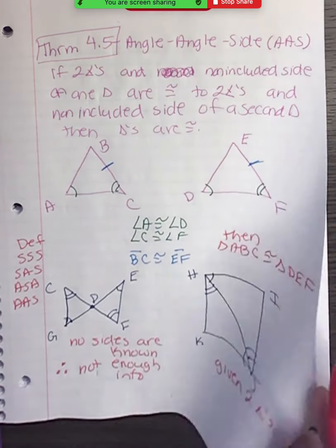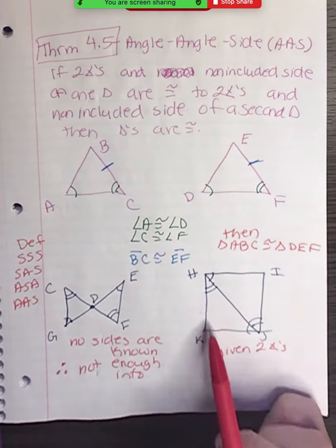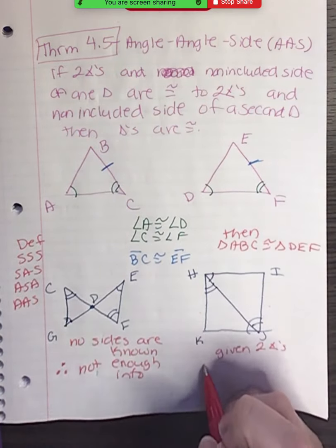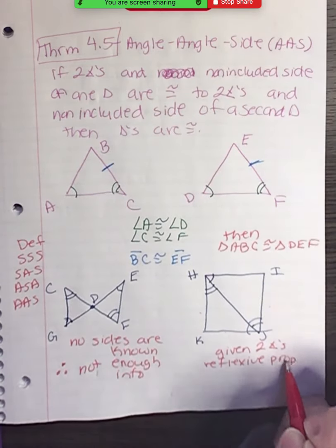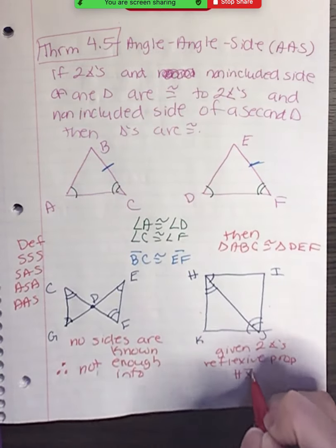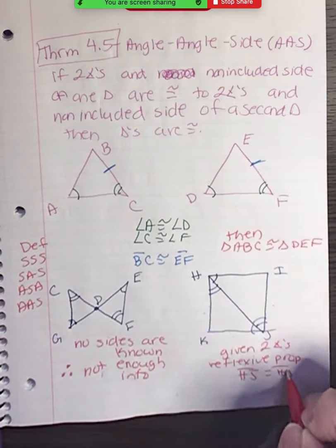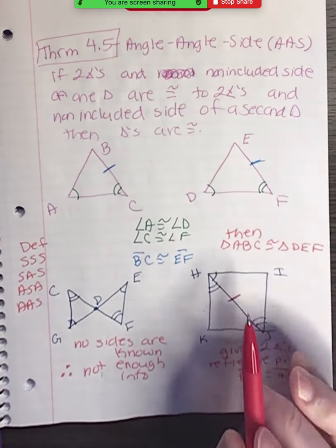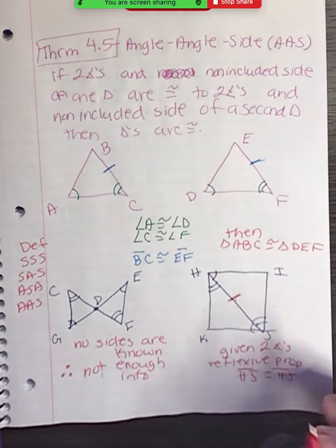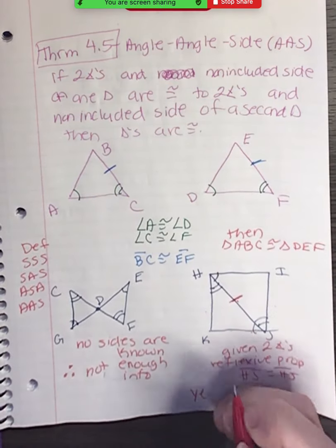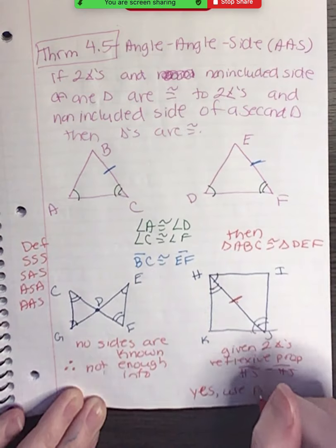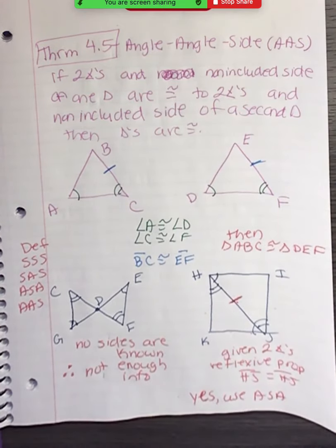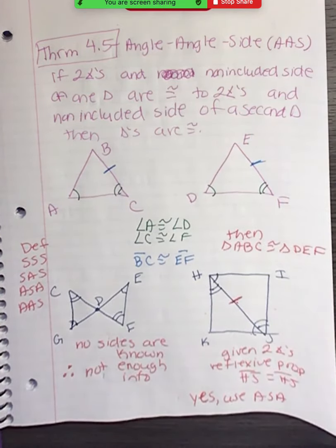Do we know anything about the sides? We don't know about these two, but using the reflexive property, HJ is congruent to itself. So that would be angle, side, angle. You have enough information to show it.